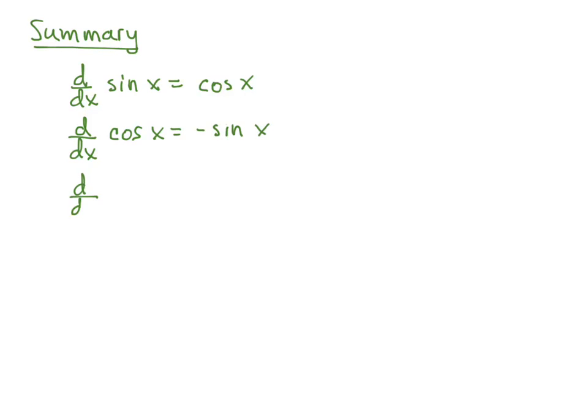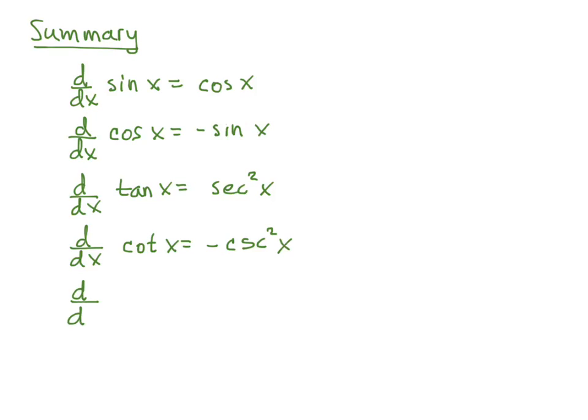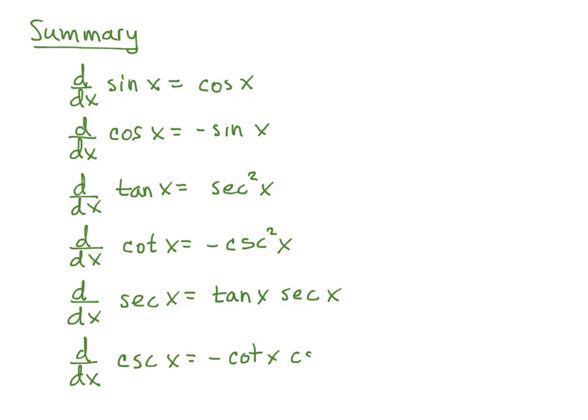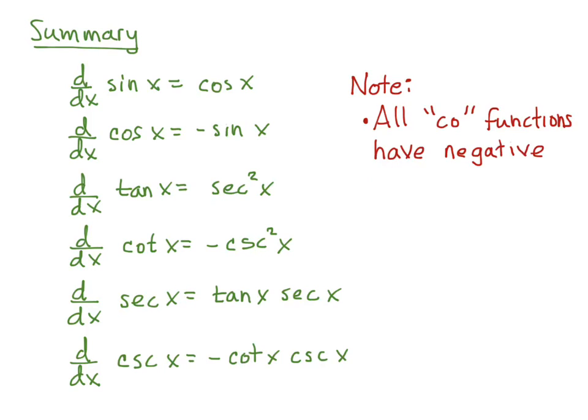Okay, so here's the summary of the derivatives of the functions. And so what we have to do here is make a couple mental notes, things that I've already talked about.